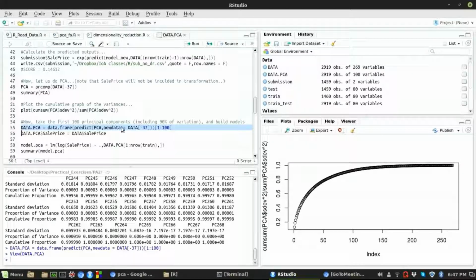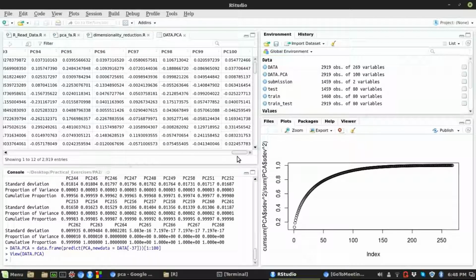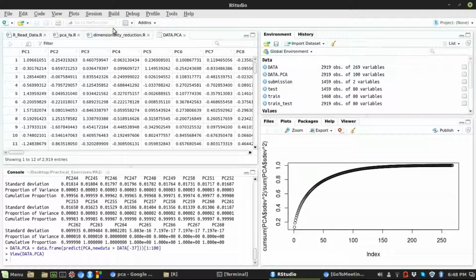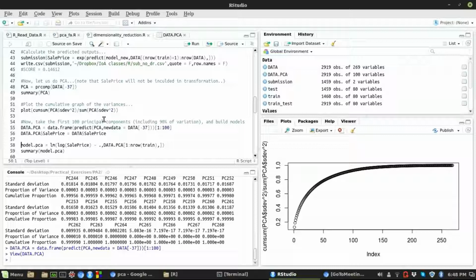Now we are going to use linear regression because we want to compare and see what PCA is doing for us. But whatever model you are using, you can use these now. Drop off the original variables, use these to make a prediction on sale price. So, I'm now adding sale price to the new data frame. Now build the model.pca.